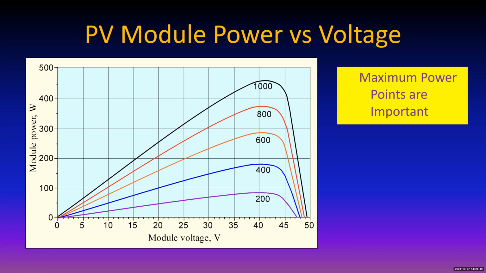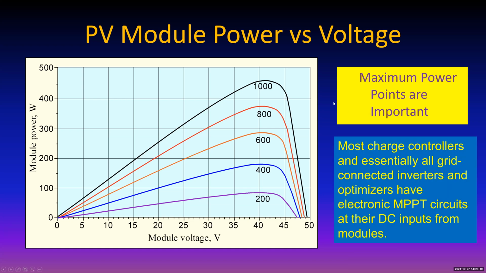Notice that the maximum power tends to be at about 80% of the module voltage, roughly in the 80% range. And notice that it stays pretty much at the same point no matter how bright the sun is shining. Now, that's except for one thing, because there's another thing that's important. But first, let's talk about when you connect these modules to something.